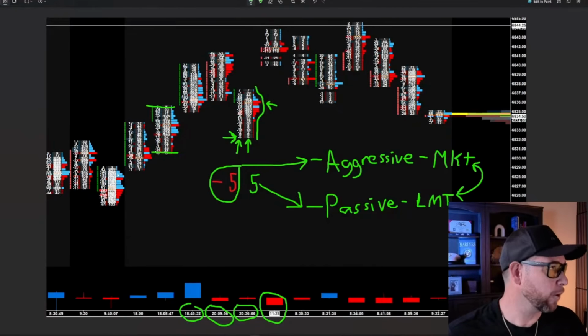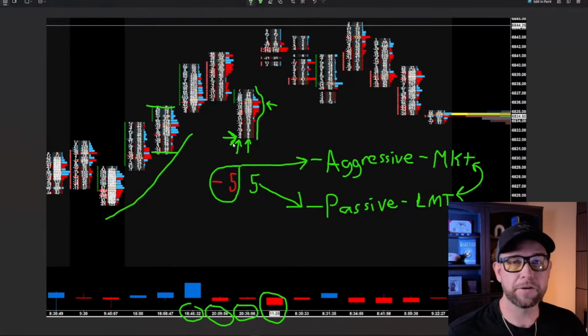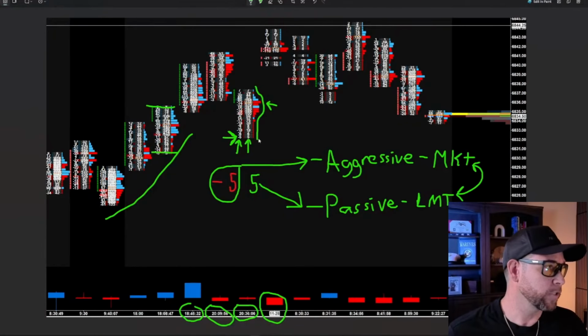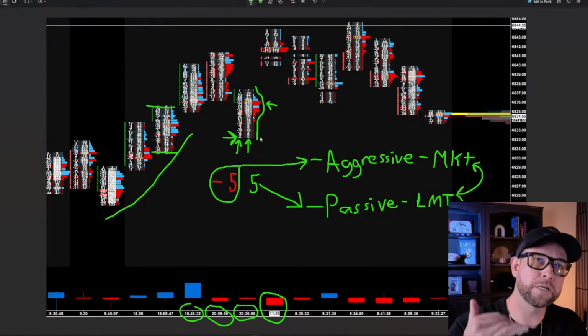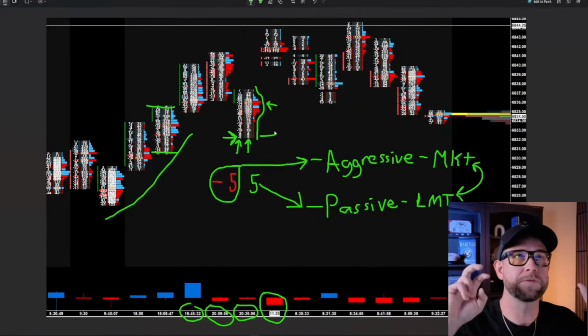So in this micro example, we're uptrending, and on this pullback, we pulled back as far as there were aggressive sellers. The market moved down here until there was no one left aggressively selling that could overtake as many orders as were passively sitting there to buy. So this is a very micro example of absorption.